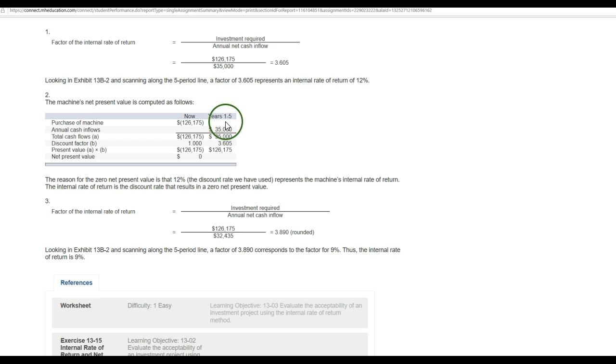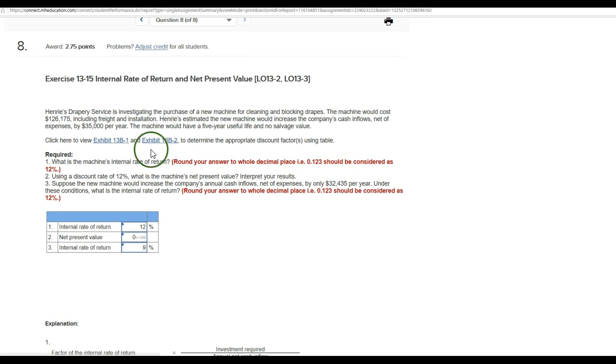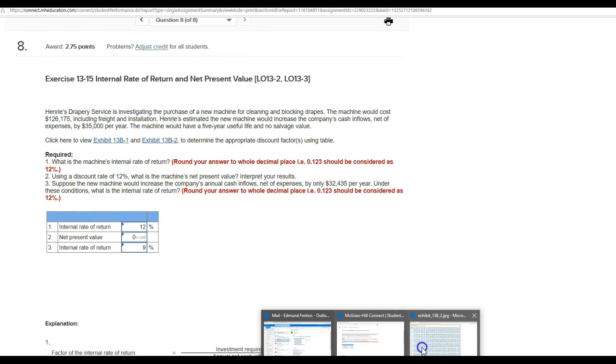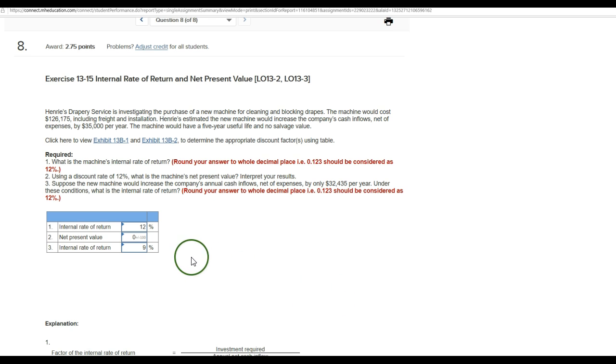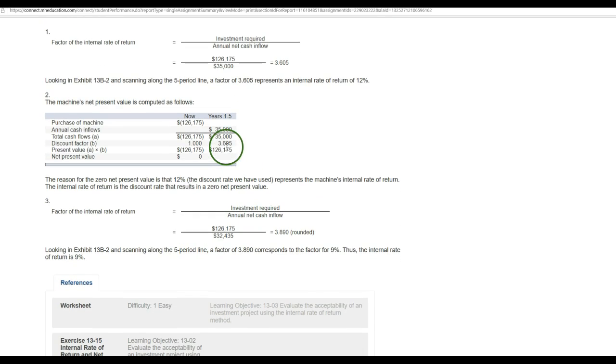And then years 1 to 5, we find the discount factor, and they say 12%, 5 years, and we just saw that a minute ago, 12%, 5 years, 3.605. Multiply, and the present value of all these future cash flows in today's money is $126,175.